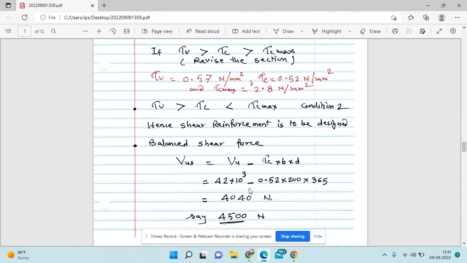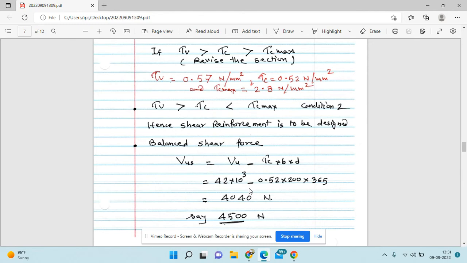Using condition number 2, we have to find the balance shear, which is the total shear minus the shear taken by concrete, that is Vu minus tau c bd. Substituting the values of Vu, tau c, b and d, the balance shear for which we have to design the shear reinforcement comes out to be 4040 Newton.